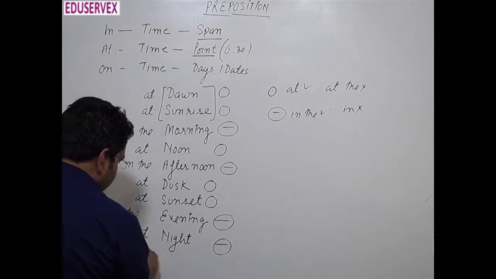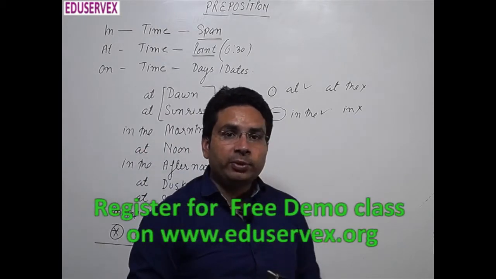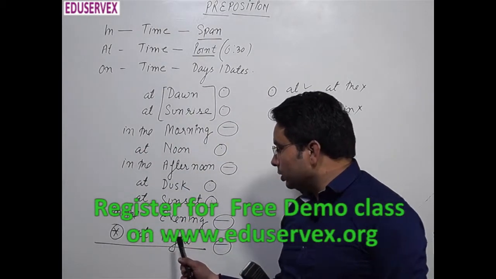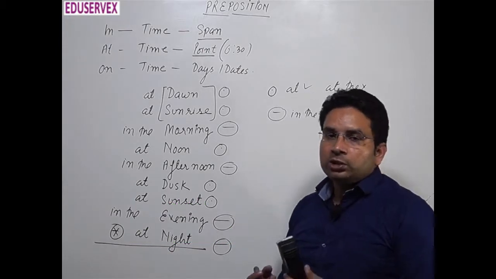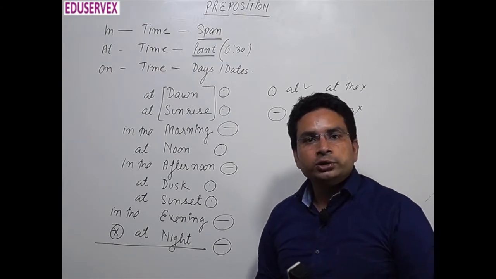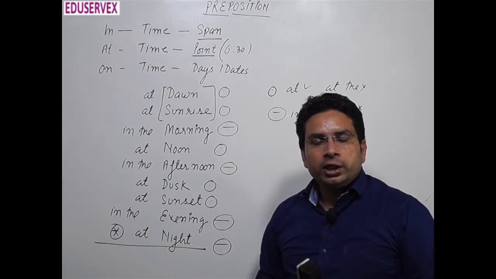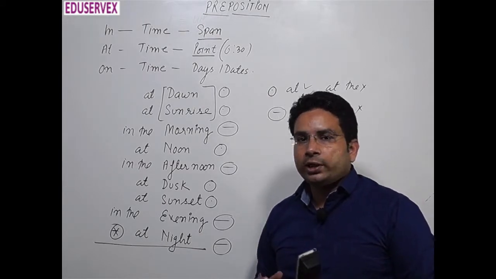Exactly, this one is confusing here. You can understand each and every preposition, but you have the problem with this one. Why do we use at night? It's okay. There is an exception in English. We use at with night, and with an explanation we can break this exception.